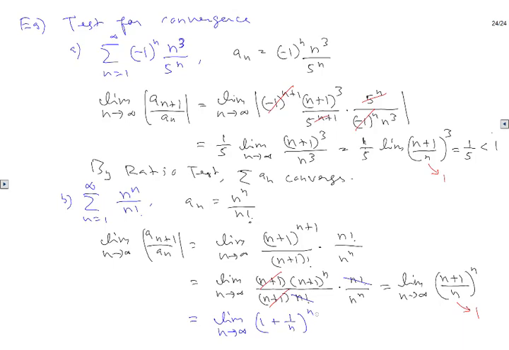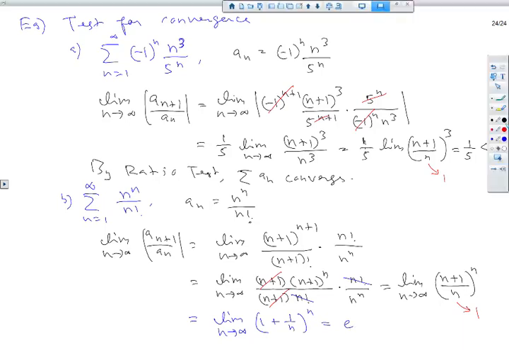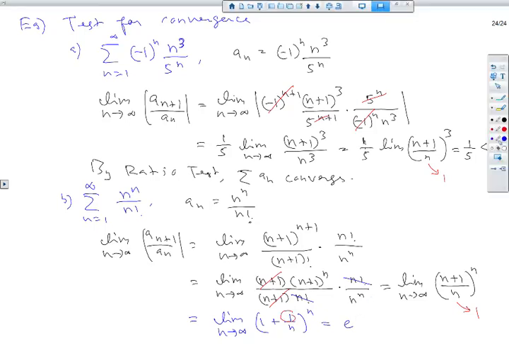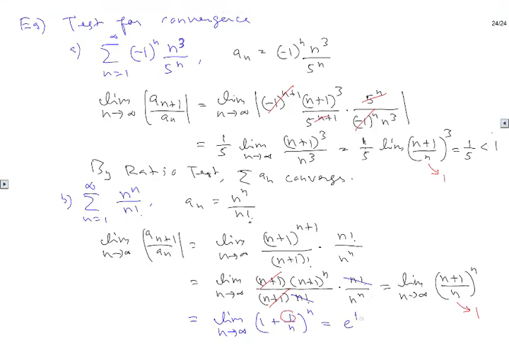Maybe you remember this from Calc 1. This is gonna be e to the whatever number you have here. So you have 1, so it's e to the 1. But e is 2.7 something, roughly 2.718. So because of that, this is greater than 1.